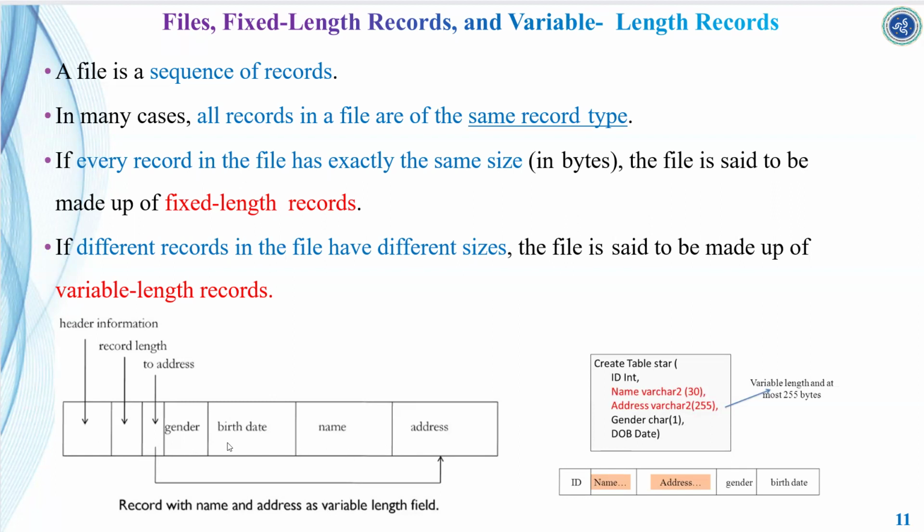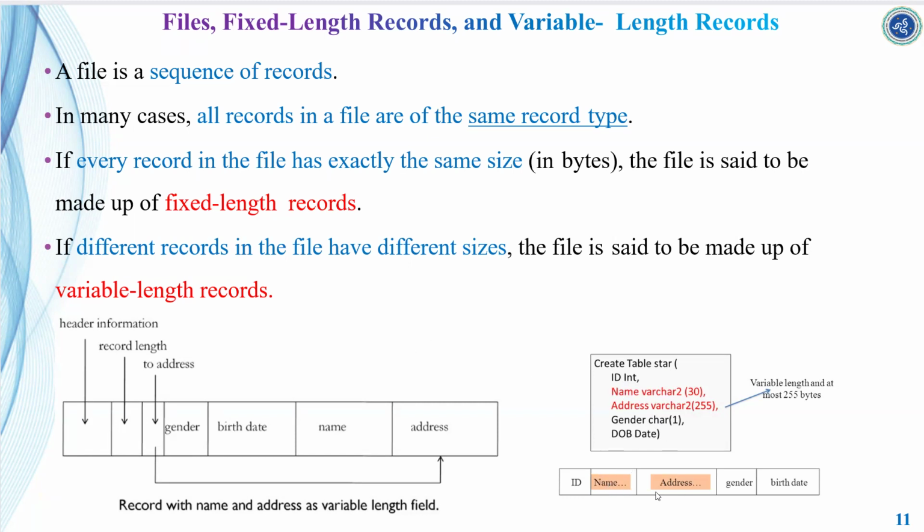Suppose we have a table named star, with ID as integer, name as varchar, address as varchar, and gender and date of birth. Here the name and address are varchar, that is variable length data types.